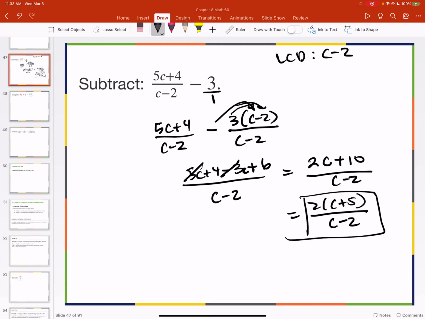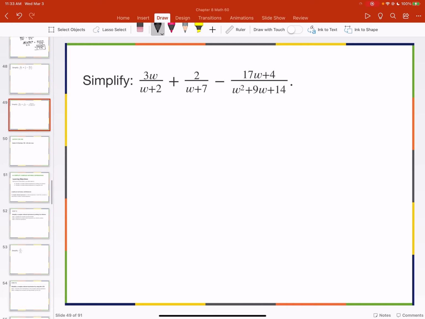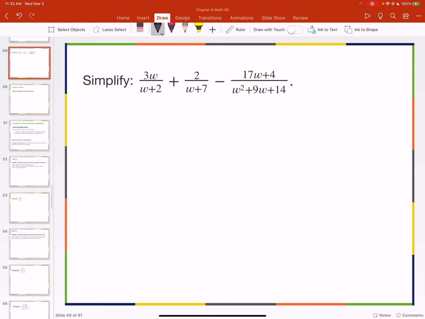Let's do another one that looks a bit more complicated here. Here we go. So we have 3W over W plus 2 plus 2 over W plus 7 minus, and then this here, which we know factors out conveniently into W plus 2, W plus 7.